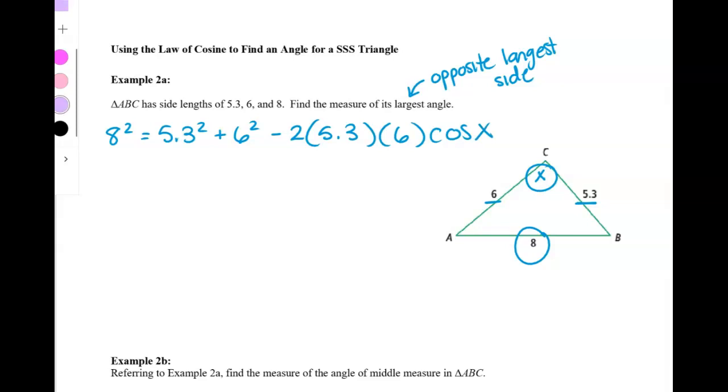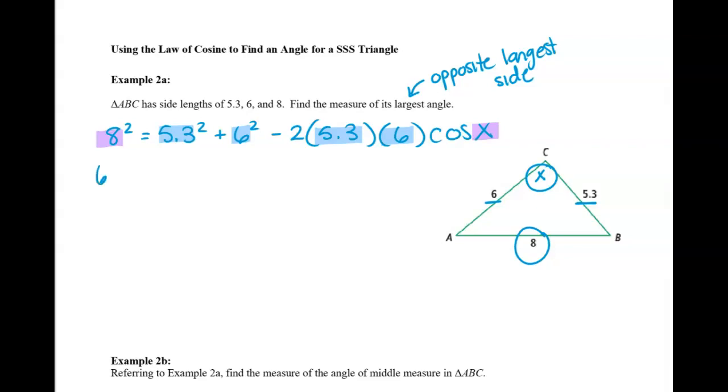Once again, our C, or our pair, are on the outsides, and our other sides are here and here, and here and here. And again, we have the 2 in the cosine because that's the formula. Solving ends up a little bit different.